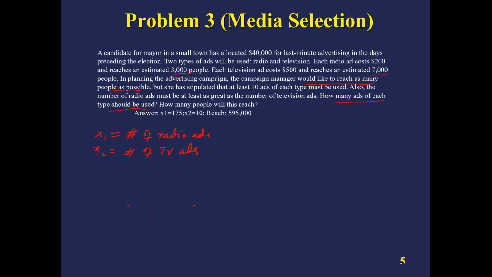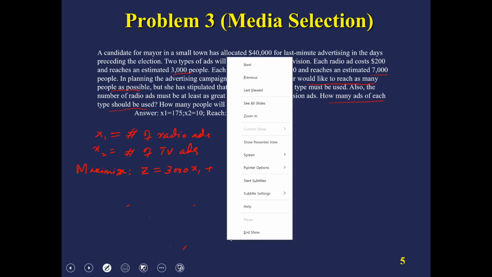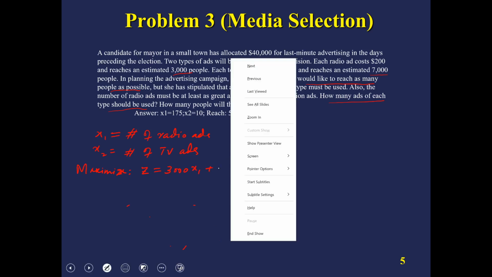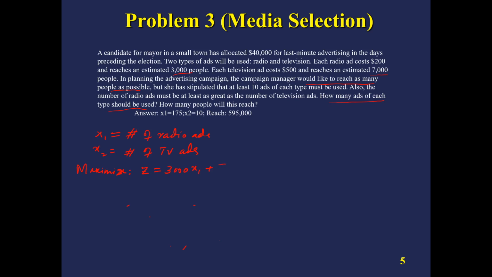Then our objective function is to maximize Z equals 3,000 x1 plus 7,000 x2.